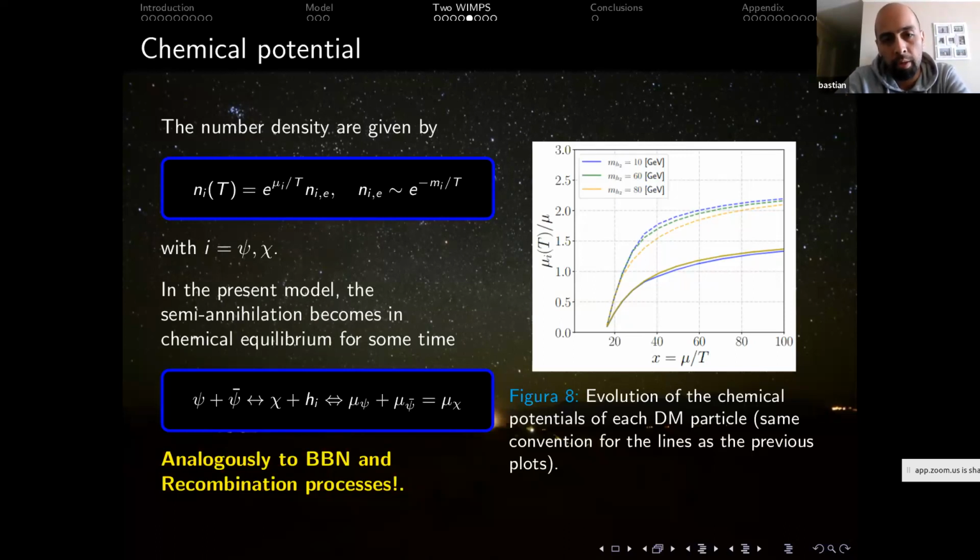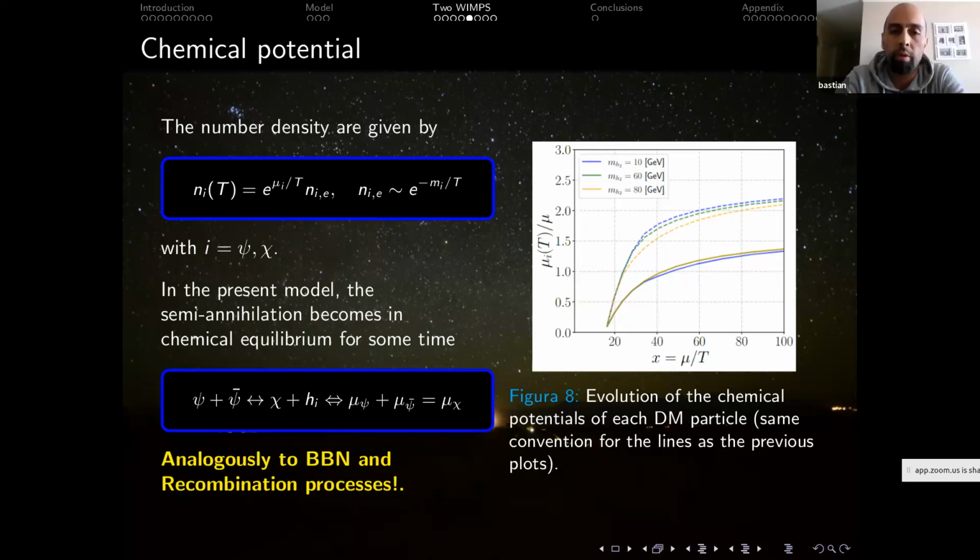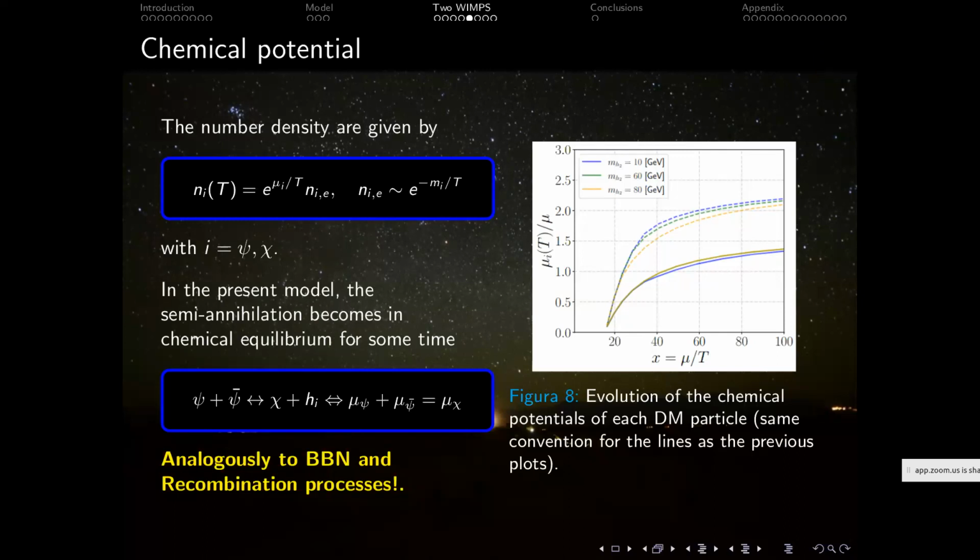And here I put the proportionality of the number density in equilibrium to this Boltzmann suppression that I showed you also in the beginning. That is going to be different for bosons and fermions. Exactly. So you have an approximation here using the Boltzmann distribution. So the temperature has to be much greater than the masses to use that.